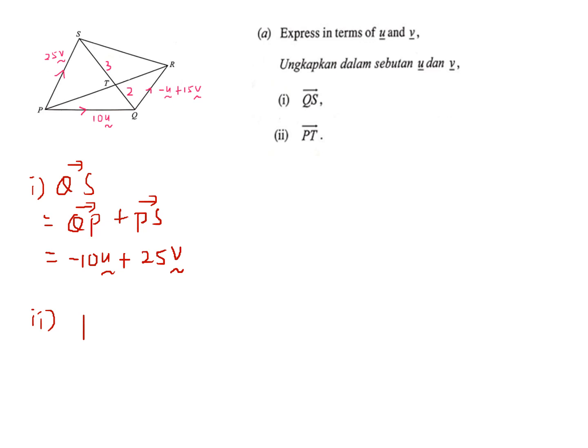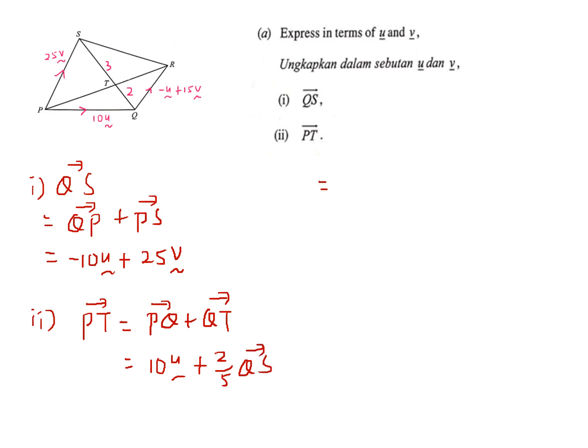Number 2, vector PT. By using the triangle law, vector PT equals vector PQ plus vector QT, which is equal to 10 vector U plus 2 over 5 vector QS.